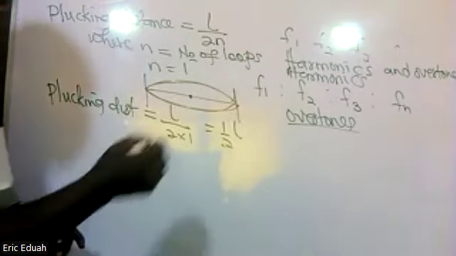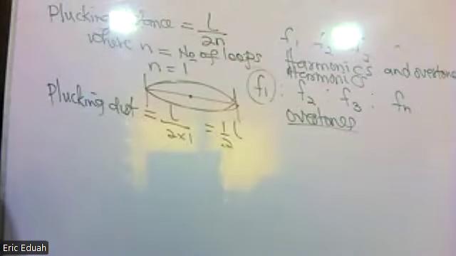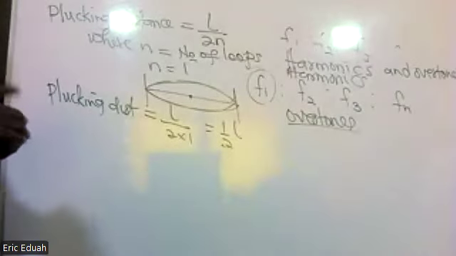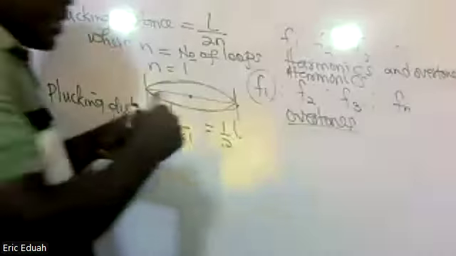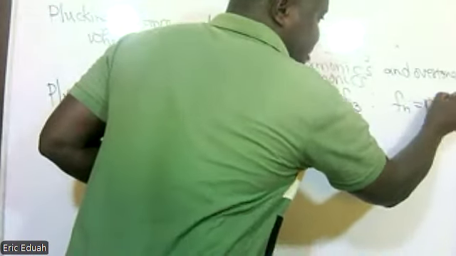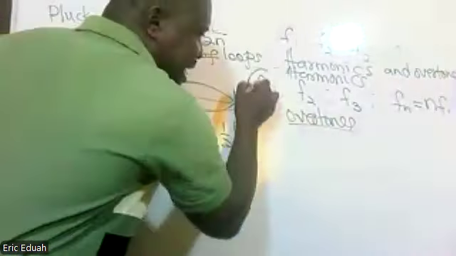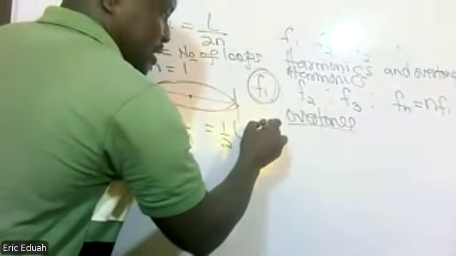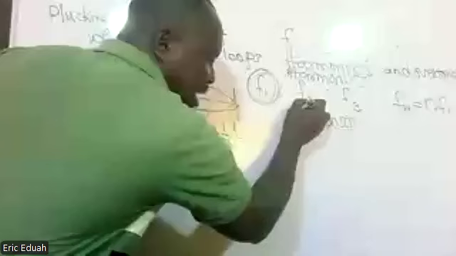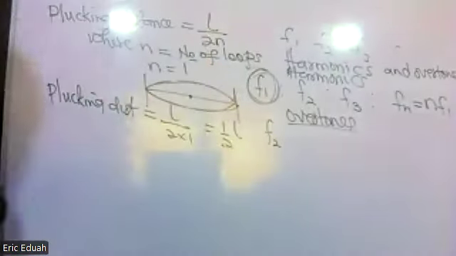In overtones, we disregard the fundamental frequency. We don't count it. Okay, so if the nth harmonic is given by n times F1, in overtones, we don't regard the first one. So the second harmonic is the first overtone.